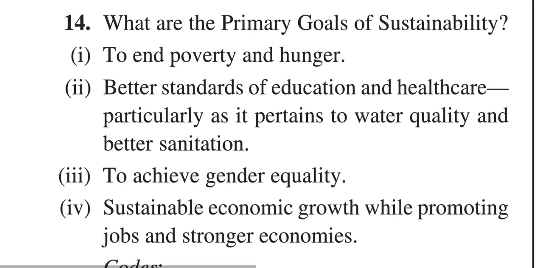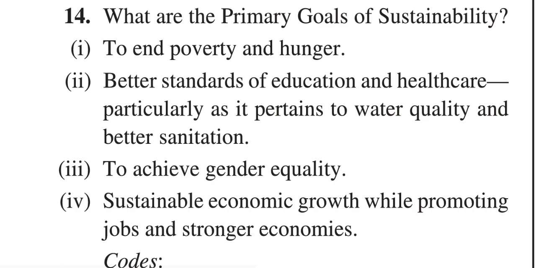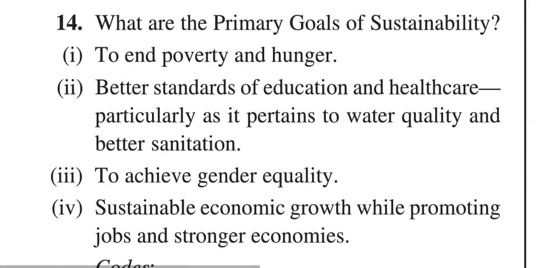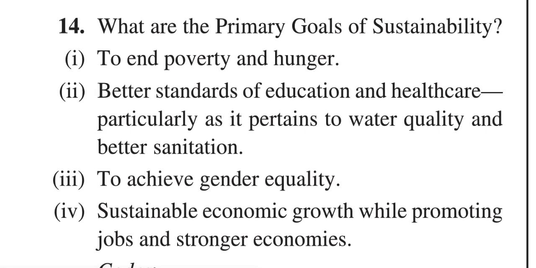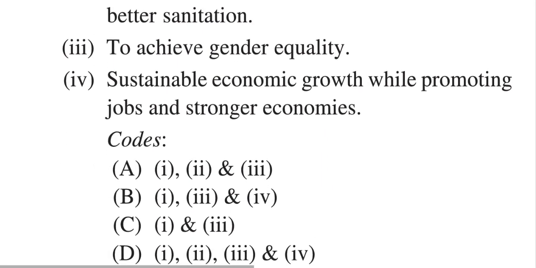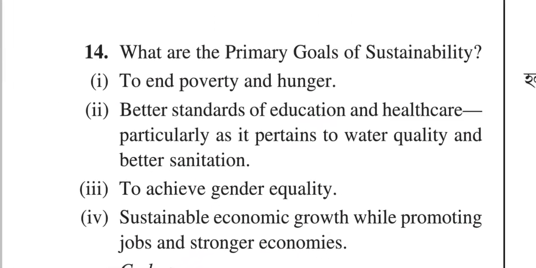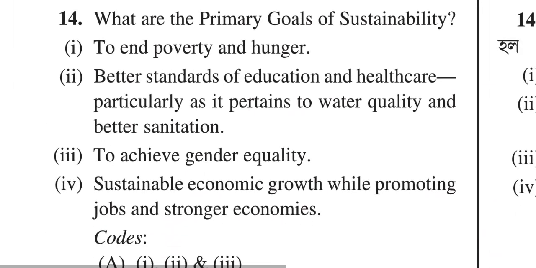It is also related to the same topic that we have already discussed some moments ago. So options are like this. Without looking at the options, let's try to find out the correct answer. Correct answer will be D. That means first 1, 2, 3, 4, all are correct. So these are the primary goals of sustainability.